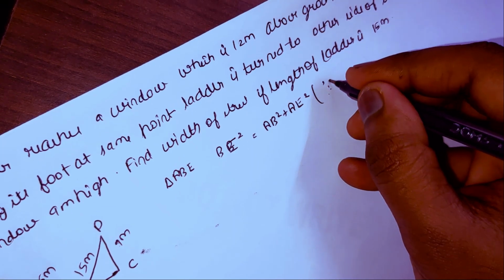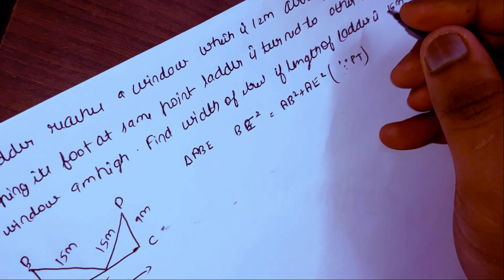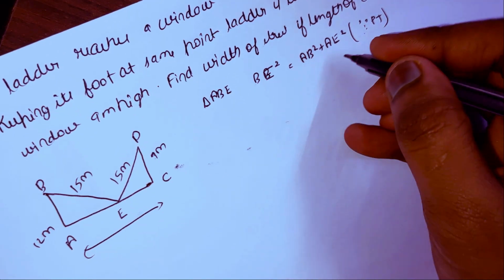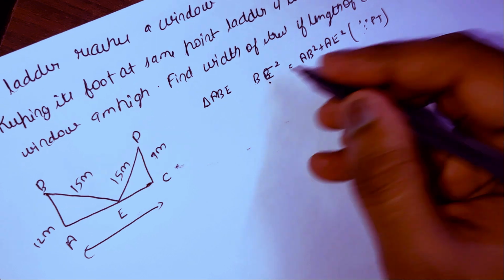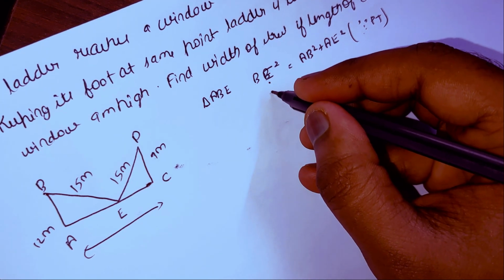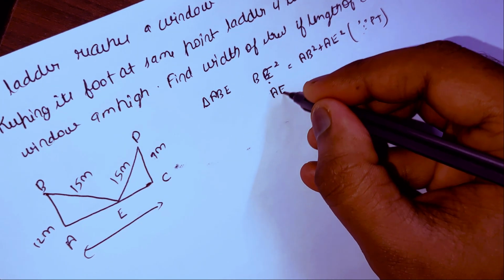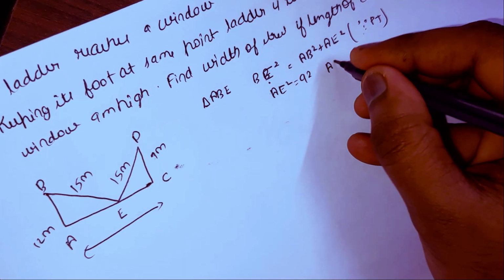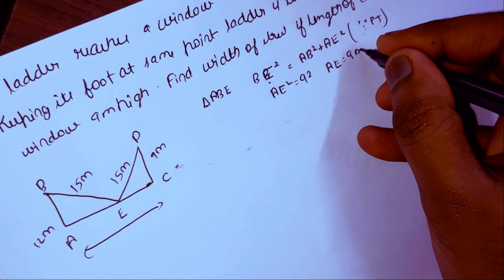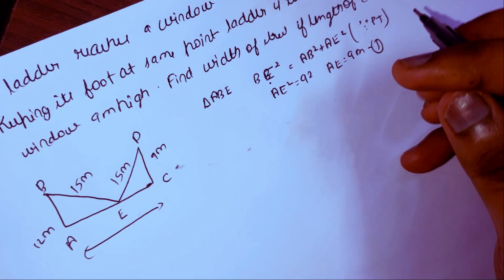That is by Pythagoras theorem. Substitute 15 in place of BE and AB as 12. You will get AE square is equal to 9 square. AE is 9 meter. Consider this as the first equation.